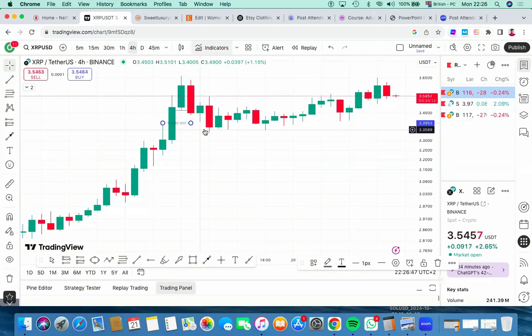And when the market is above 70 or around 67, it's overbought. When it's around 24 to around 30, it's still oversold.